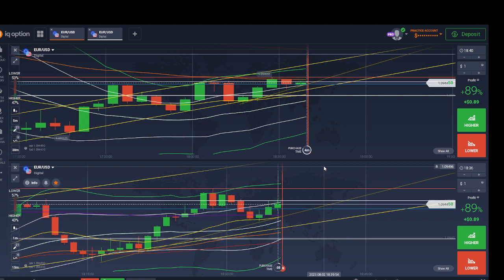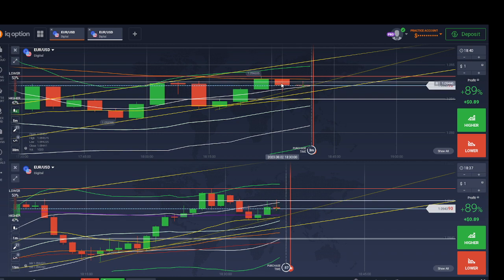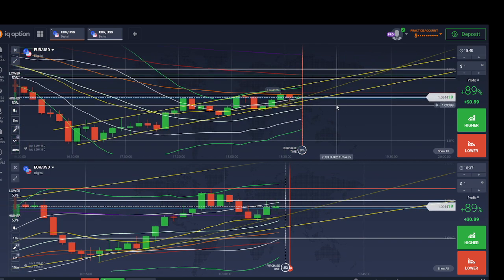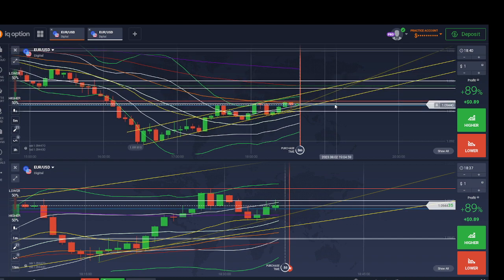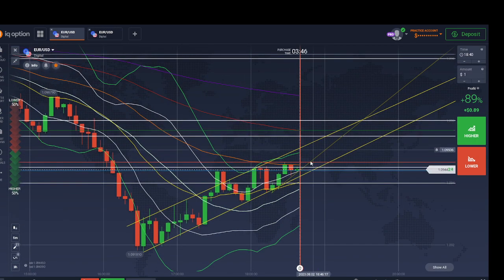At the same time, this candle has closed at the 50 level of this. If I make this bigger, it is so much stuck in between.